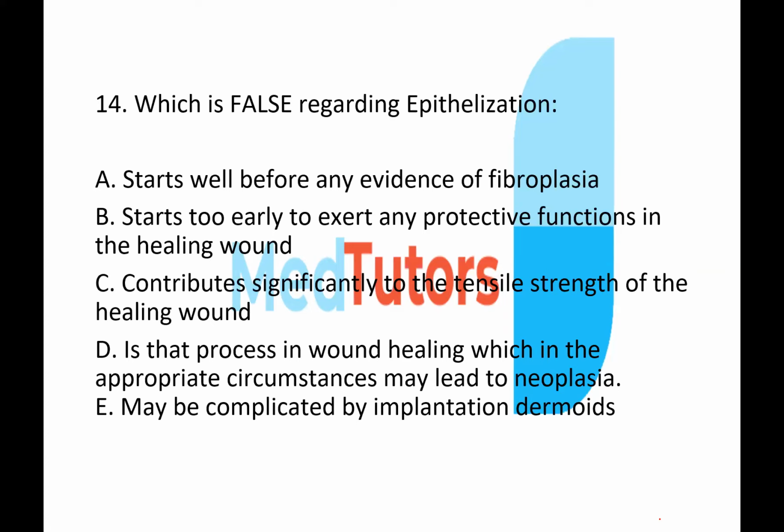And of course, neoplasia tends to occur at the epithelial edges if you have an appropriate stimulus for that. May be complicated by implantation dermoid. That is true. So the false answer here, we said, is C. Epithelialization does not contribute to tensile strength.